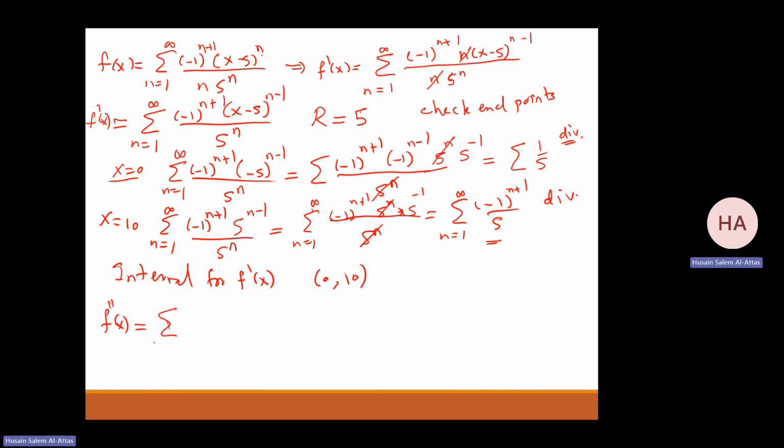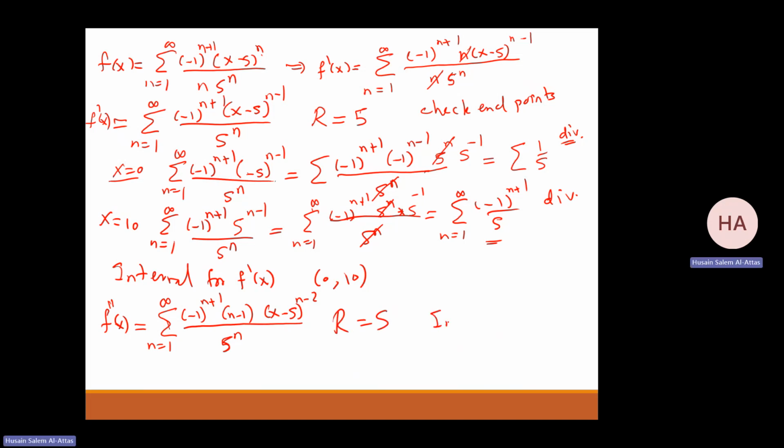That will be the summation from n equals 1 to infinity of minus 1 to the power n plus 1 times n minus 1 times x minus 5 to the power n minus 2 over 5 to the power n. Any cancellation? No. Look, this one, r equals 5.